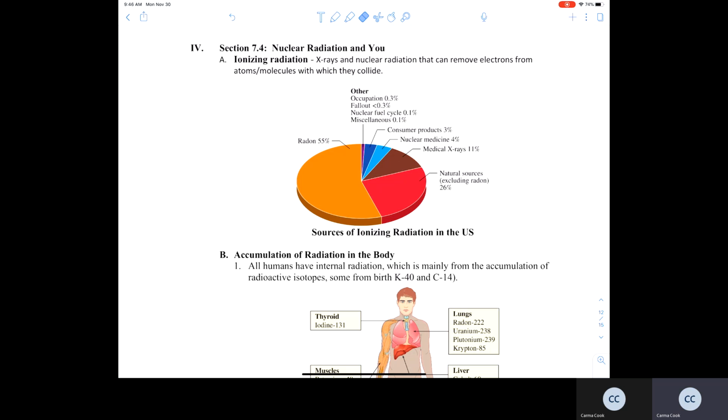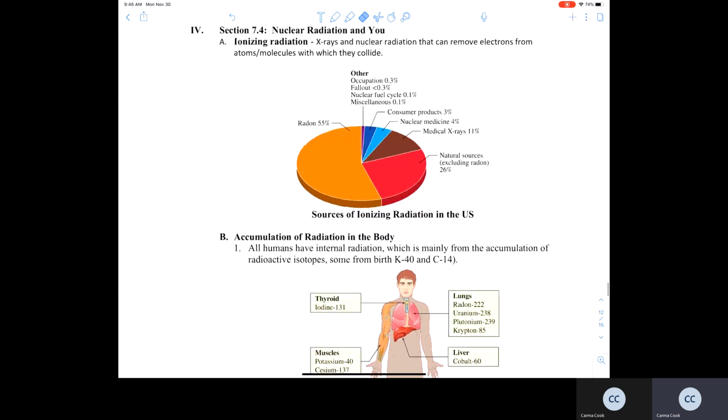And so some sources of ionizing radiation in the US: radon, there are natural sources of it, nuclear medicine, such as undergoing nuclear magnetic radiation procedures, also X-rays are sources of ionizing radiation.